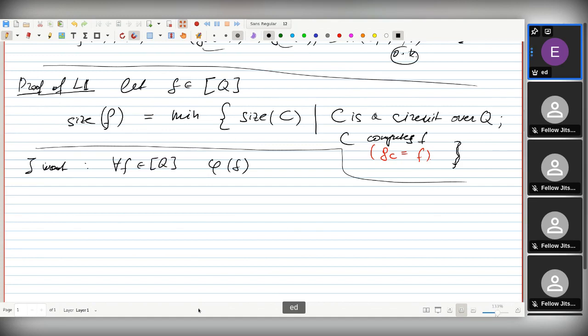And I'll do that by considering sizes of this f. So, by induction on the size of my function, and this is, of course, a natural number, so I have a legitimate induction.